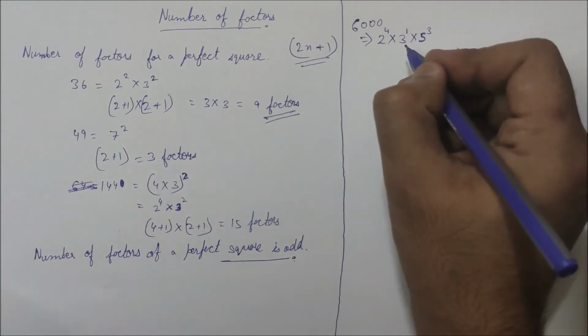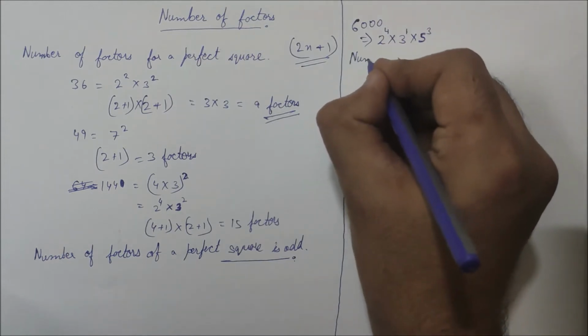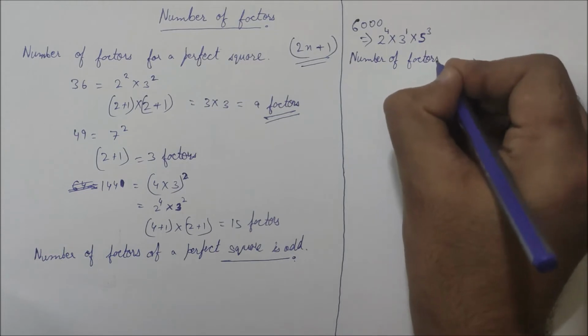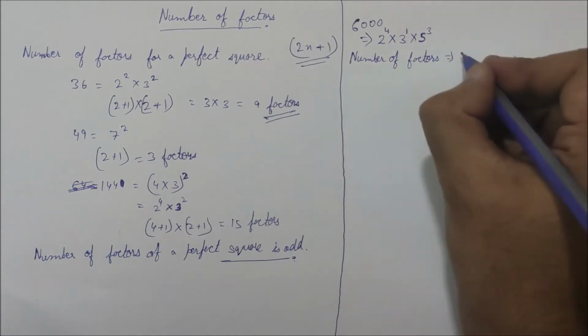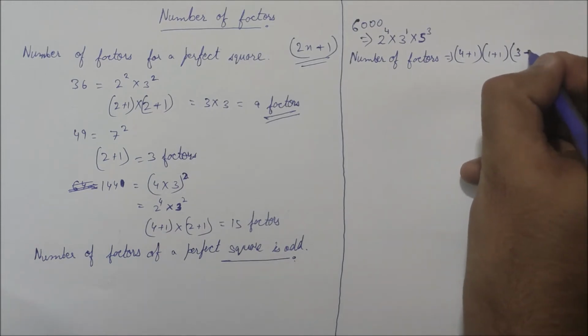Now let us see the number of factors of 6000. The number of factors would be (4 plus 1) into (1 plus 1) into (3 plus 1).